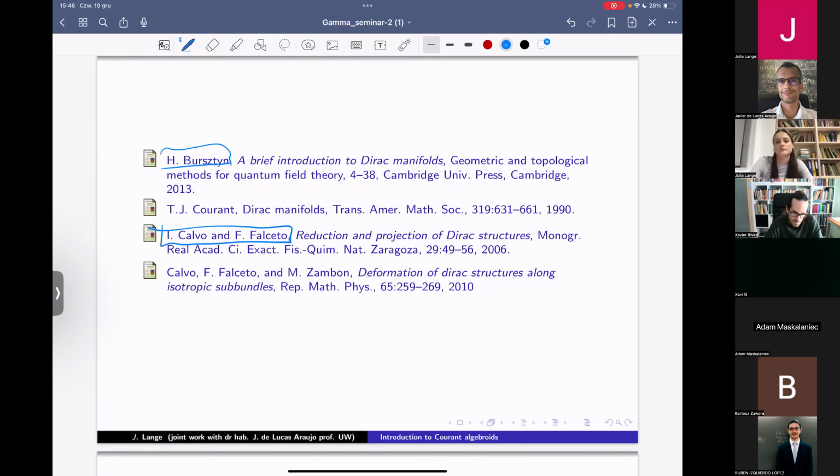For example, you have Courant algebroids which are not the generalized algebroid. It is something like the tangent plus the exterior product of the cotangent. And then you have also Courant brackets, and these Courant brackets can be used to study field theories.